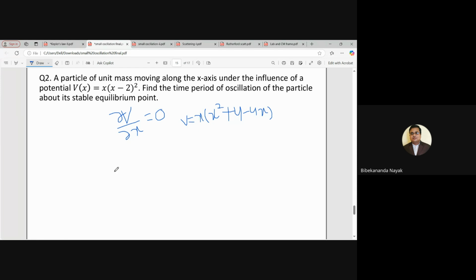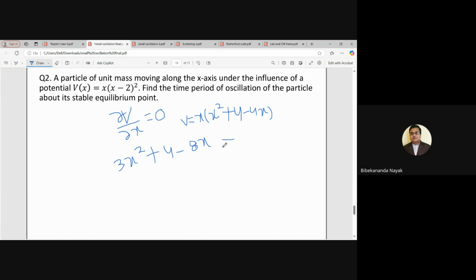Multiplying by x, we get x cube, whose derivative is 3x square. Plus, 4x has derivative 4, and minus 4x square has derivative minus 4 into 2x, which is 8x. Set this equal to 0.